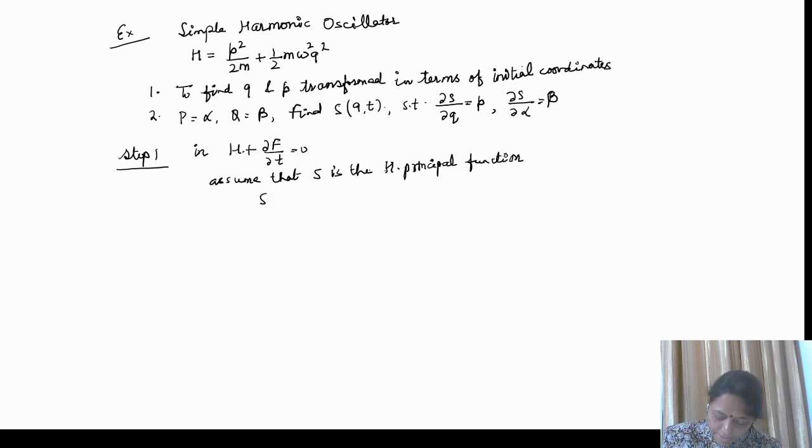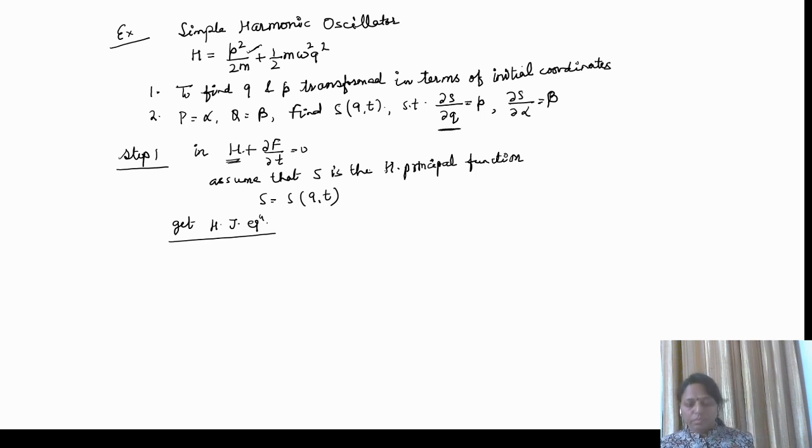And S is a function of q and t. So it will be the solution of it. How do we get the Hamilton-Jacobi equation? We replace in this H all these p by ∂S/∂q, right?